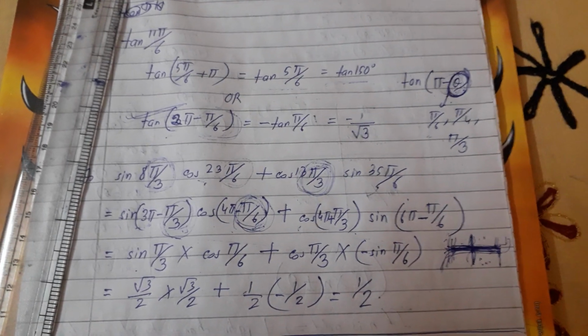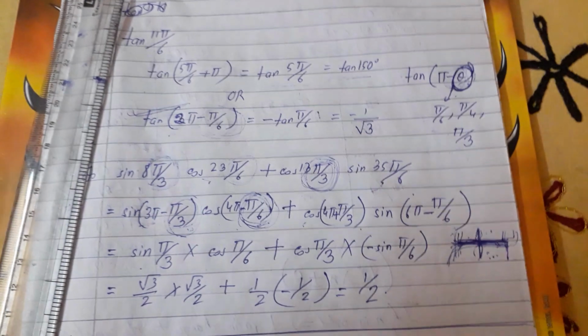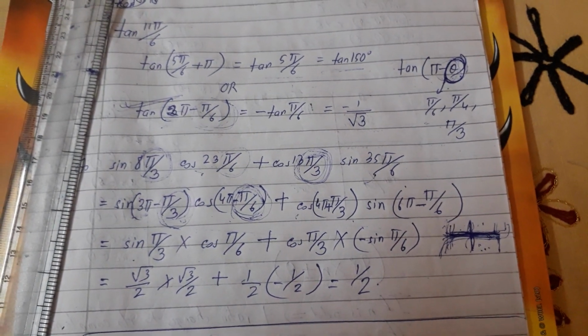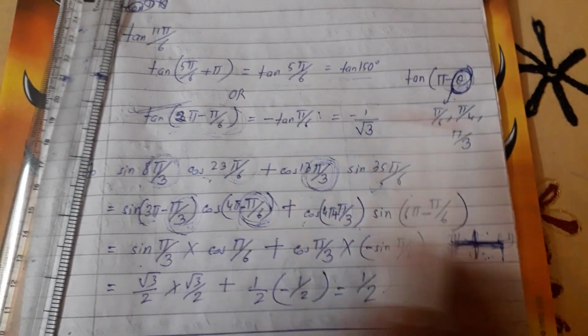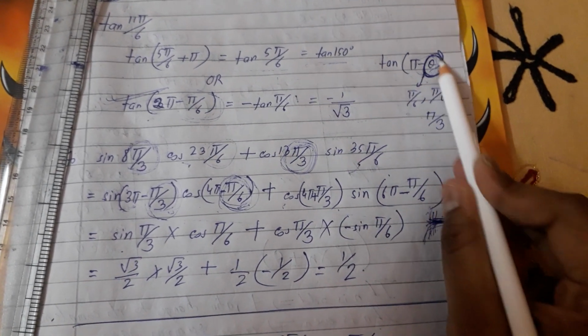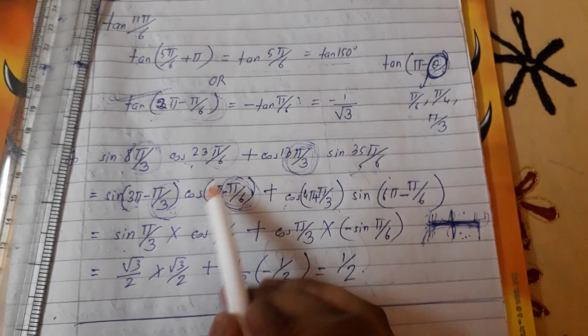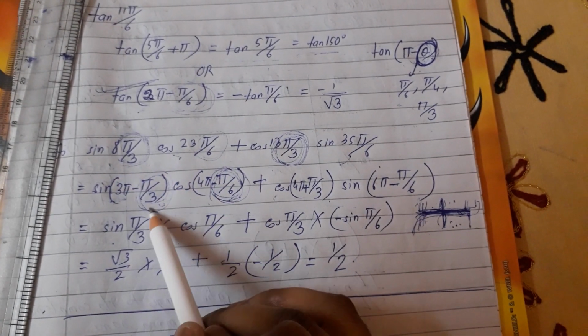See, when any angle is given to you in the form of this pi forms, then please do not get afraid, do not get confused. Always remember this format and write in the place of theta the common angle, pi by 6, pi by 4, pi by 3. See, 8 pi by 3 is given, so I have written here pi by 3.